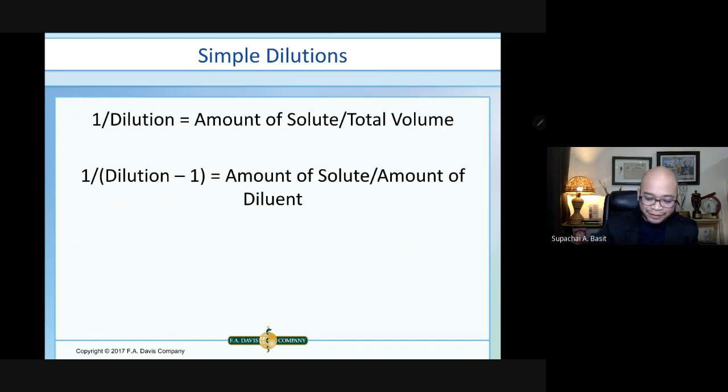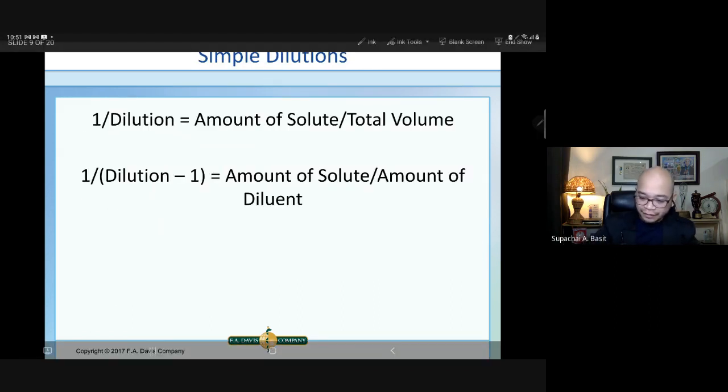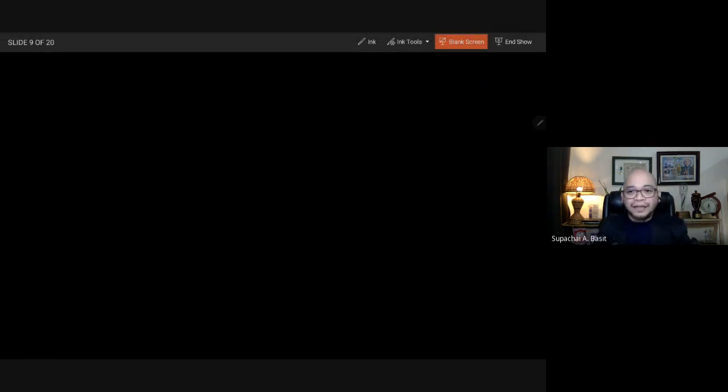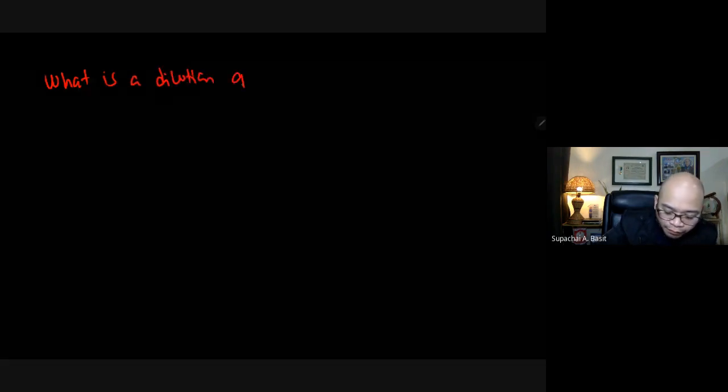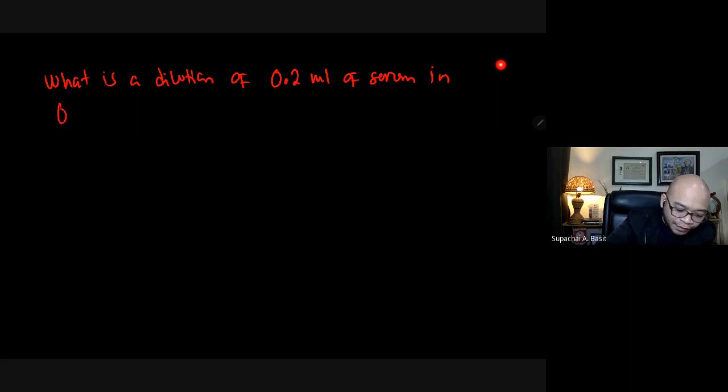Okay? So let's have some problem here, no? About simple dilution. Okay. So how do we know what is the dilution of 0.2 ml of serum in 0.8 ml of NSS.